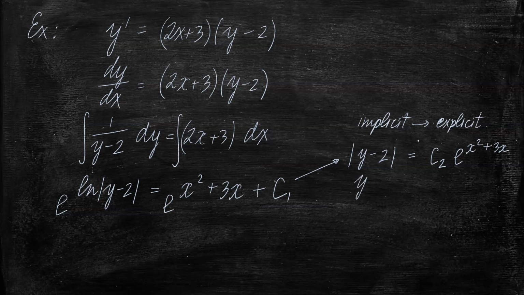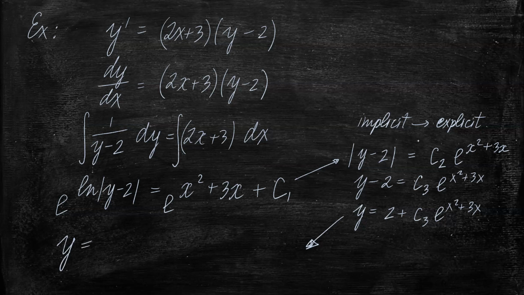And we're going to get rid of the absolute value. And instead of plus minus c2, I'm just going to write c3 here. And we're going to add 2 to both sides. And since this is our last constant, we're going to just use c instead. So the final answer is y equals c e to the power x squared plus 3x, plus 2.